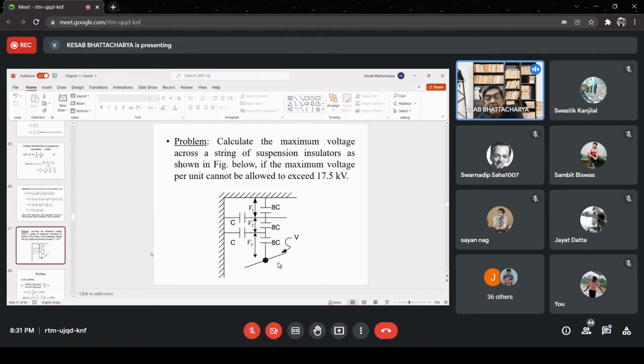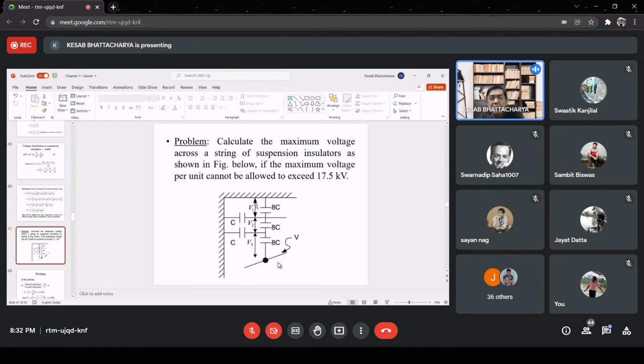Therefore, we know M is 8. So V2 is equal to V1 into 1 plus 1 by 8, which comes out to be what? 1.125 V1, isn't it? Yes, sir. And what about V3?